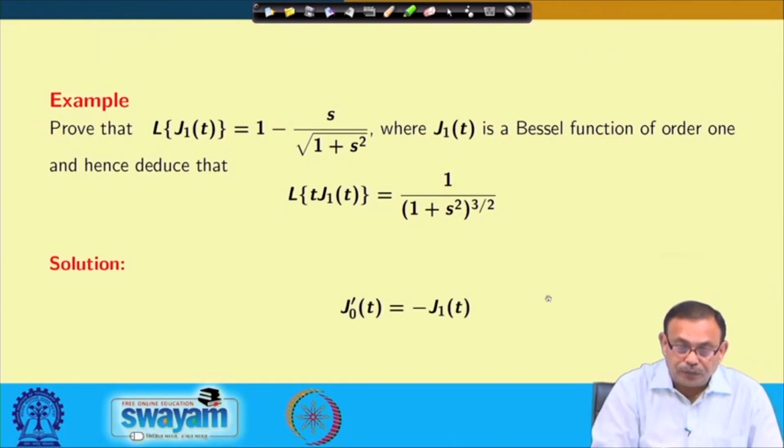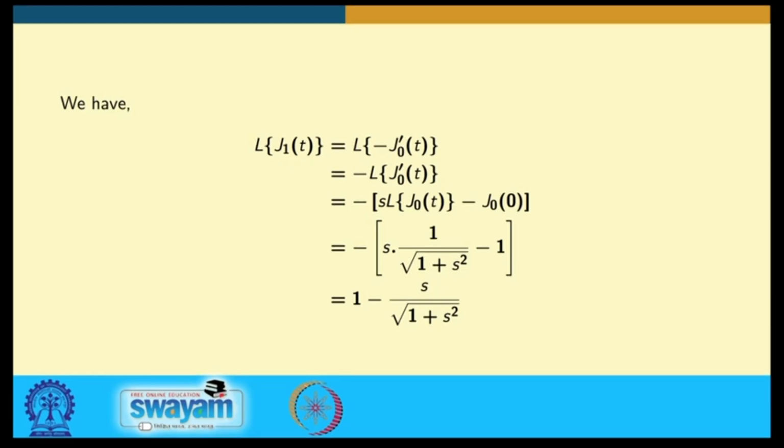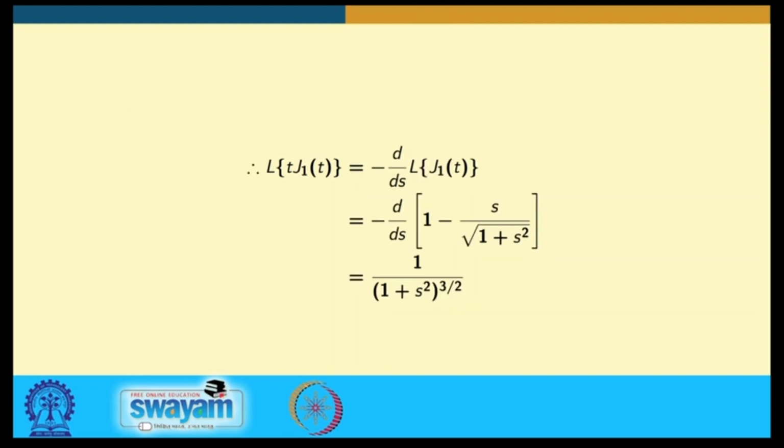And so, as I told you, J 0 dash of t equals minus J 1 of t. From here, I am finding the Laplace transform of J 1 of t and this one. So, ultimately, the Laplace transform of this is 1 minus J 1 of t, the Laplace transform of t J 1 of t is this one, and minus d/ds of this, and from there I am finding 1 by s square plus 1.